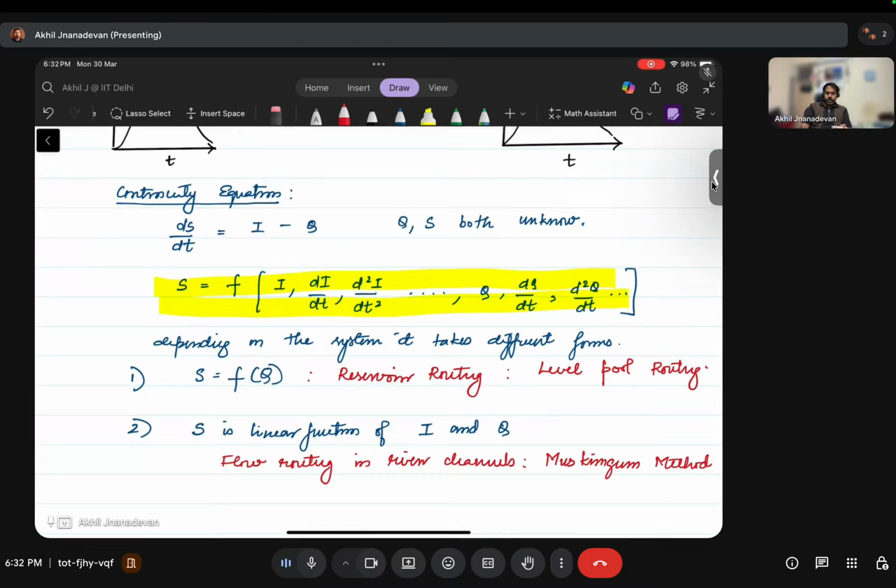And if the storage is a linear function of both inflow and outflow, not its derivatives, only inflow and outflow, then we use this condition for river flow routing, and this is the basis for the Muskingum method. So in this lecture, the two main things we will be considering are reservoir routing and level pool routing. Clear?